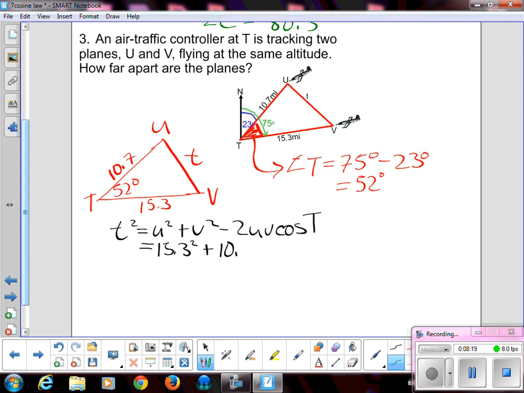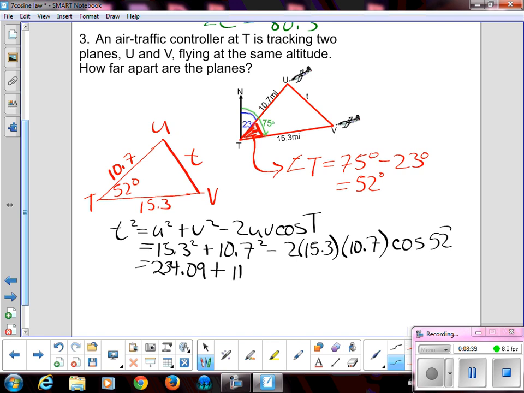And remember, what we're going to do with the cosine law is we are actually going to do a few extra steps so that we make sure that we're following order of operations and getting the correct answer each time. So when I do this, I end up with 234 and 114, and this time I do have a negative 201.5799.